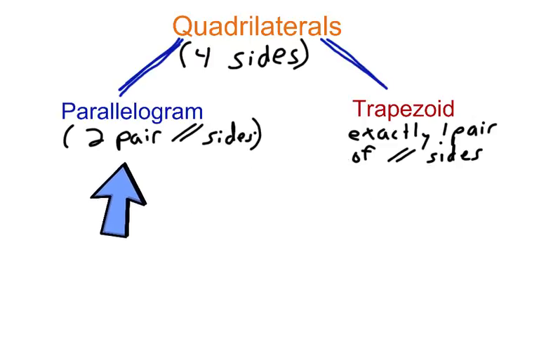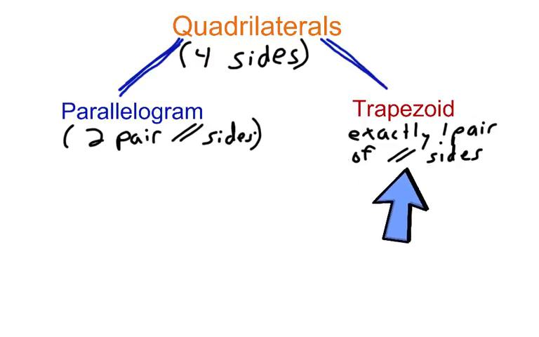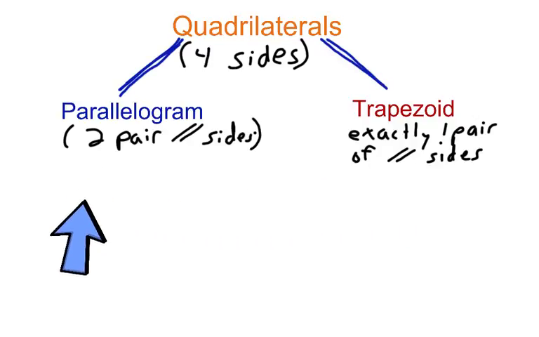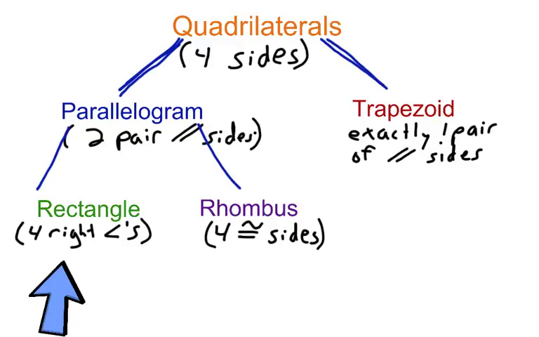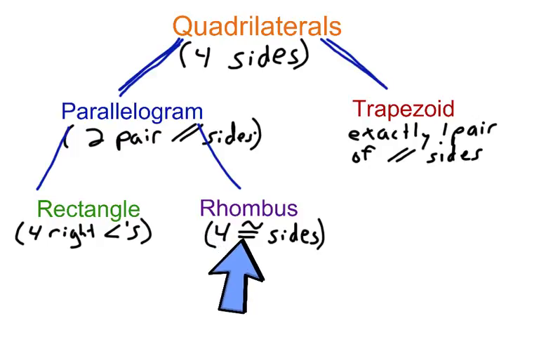Alright, so branching off from parallelogram, we're done with trapezoid. But branching off from parallelogram now, we have a rectangle and a rhombus. So a rectangle has four right 90-degree angles, and a rhombus has four congruent sides.